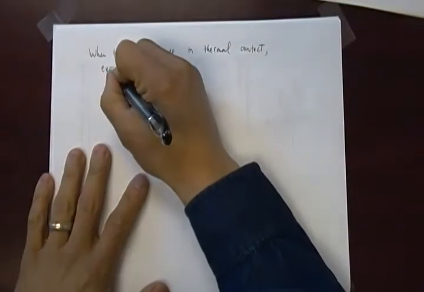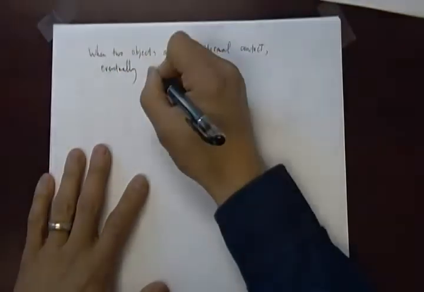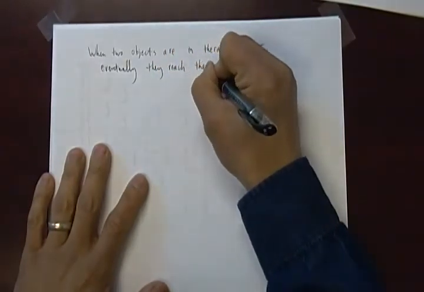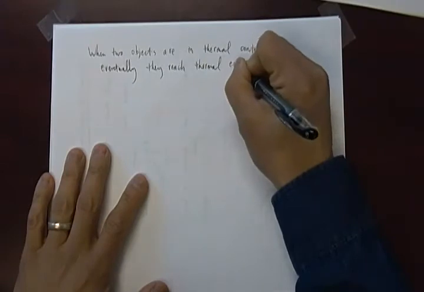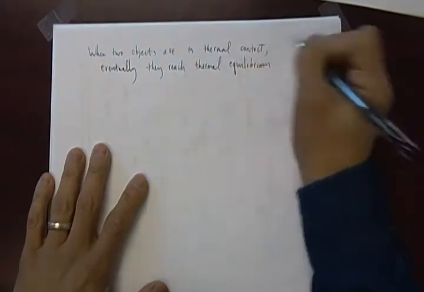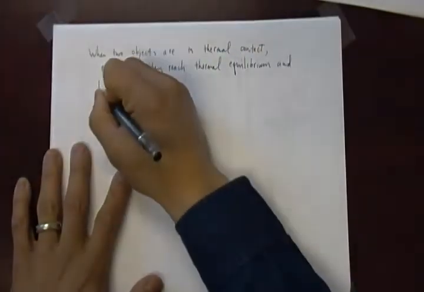The statement I'm making is that when two objects are in thermal contact, eventually they reach thermal equilibrium and have the same temperature.